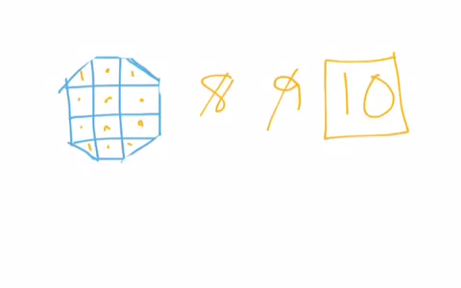I have 1, 2, 3, 4, 5, 6, 7, 8 whole squares, and then I have 1/2, 2/2, which would equal another whole, so that's going to take me to 9, and 1/2 and another half, which would be another whole, which is going to take me to 10. So the area for this particular shape is 10.